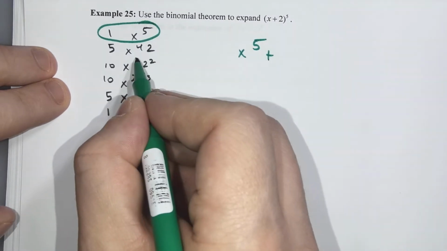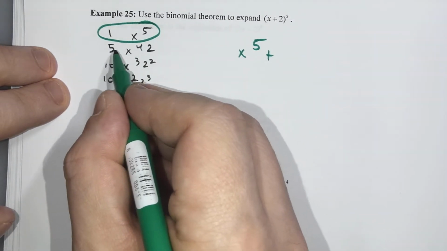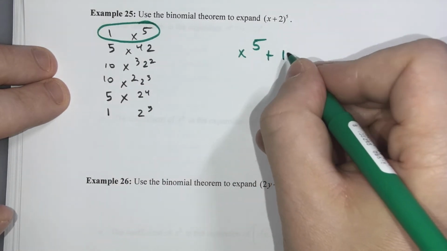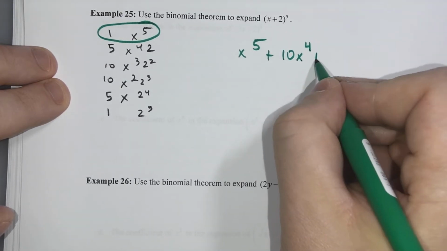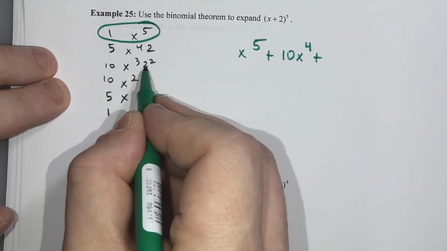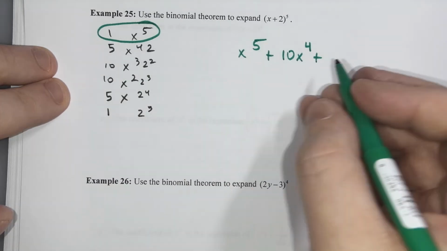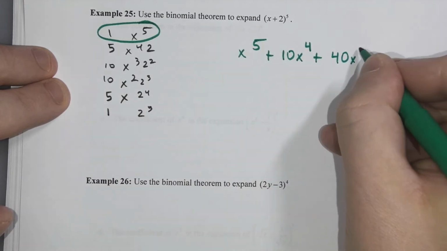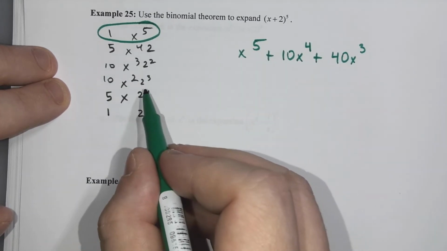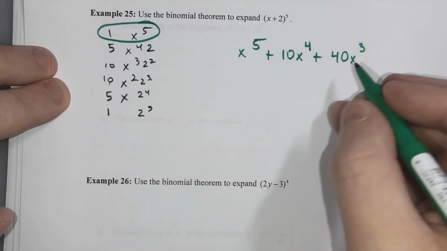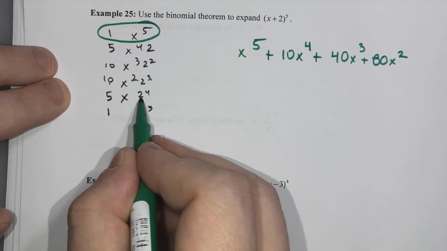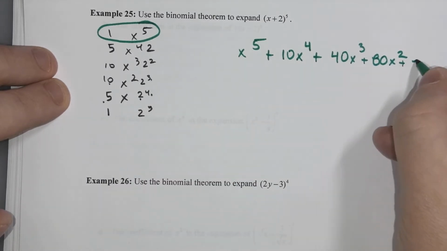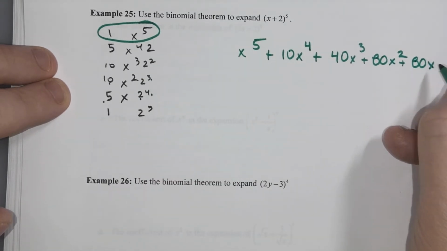plus, x to the 4th, 5 times 2 is 10, so you end up getting 10x to the 4th. In this one, we have 2 squared is 4. 4 times 10 is 40, so we get a 40x cubed. 2 cubed is 8. 8 times 10 is 80, so that's an 80x squared. 16 times 5 is also 80, so that's an 80x.